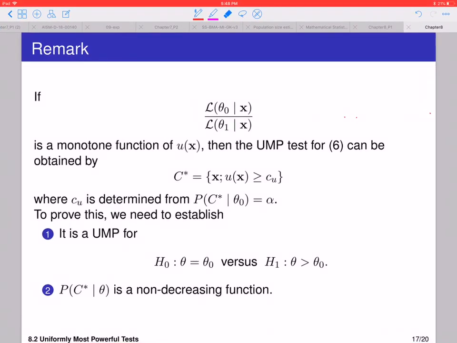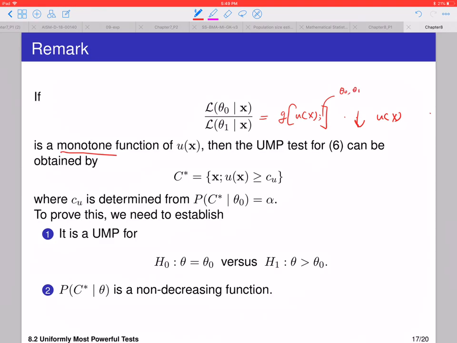So, if the likelihood ratio is a monotone function, let's assume that this is some function of u(x), which is a decreasing function of u(x), and this depends on zeta 0 and zeta 1.